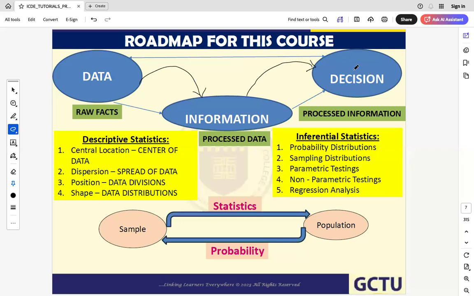Anytime you hear people use this phrase or word that I need to take an informed decision, it means that data has been converted. You can only take an informed decision when data has been processed into information and the information is informing your final decision.